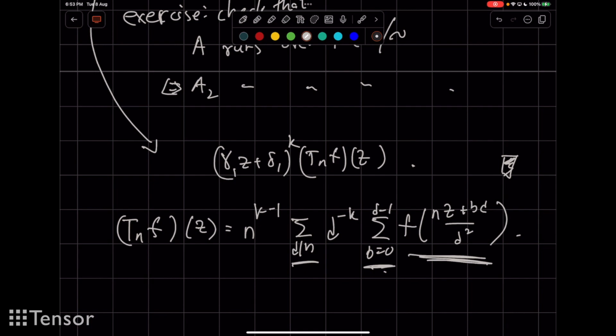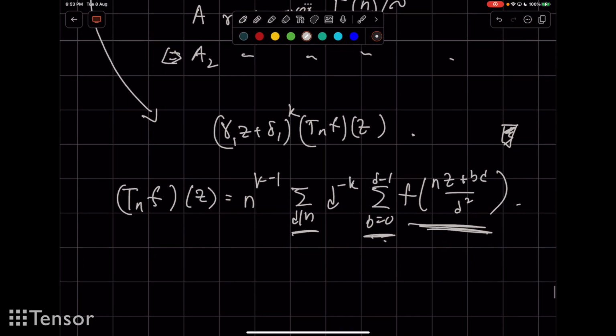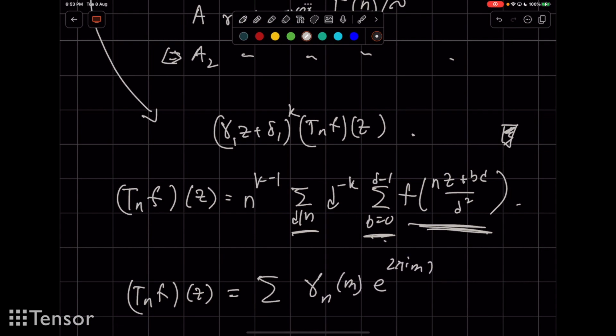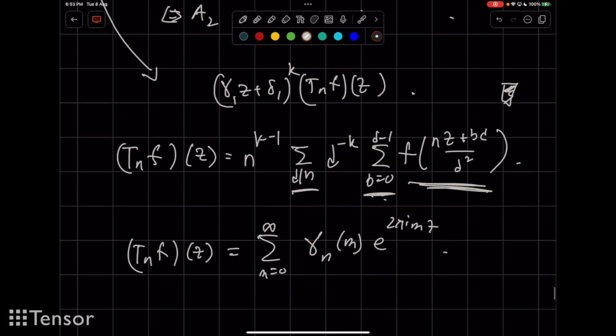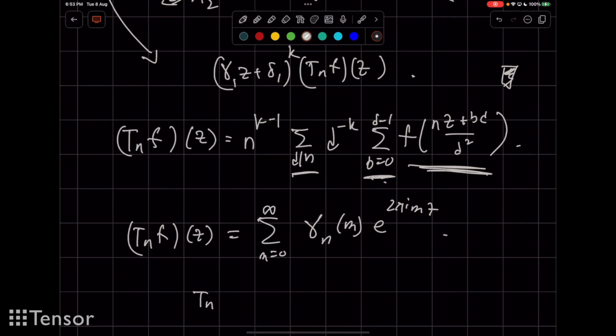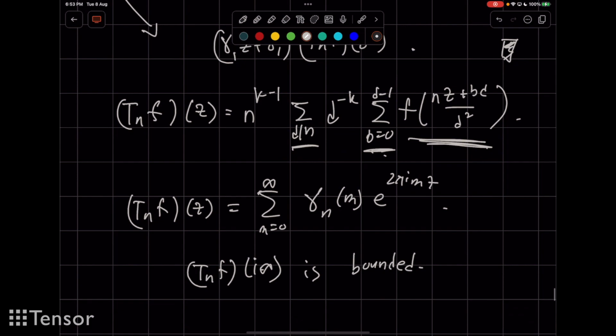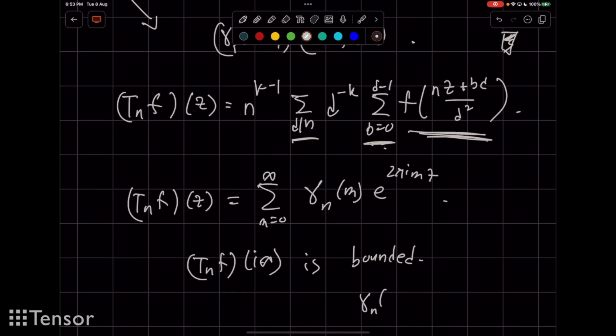Also, we have seen that T_n f has a Fourier series that goes like this: the sum of gamma_n(m) e^(2πimz). Therefore, T_n f of i∞ is bounded, and that is nothing but gamma_n(0), right?